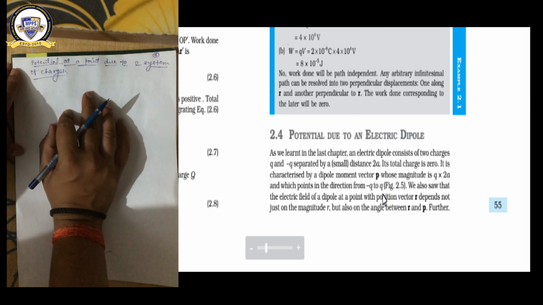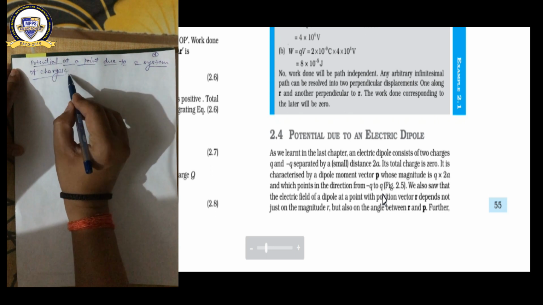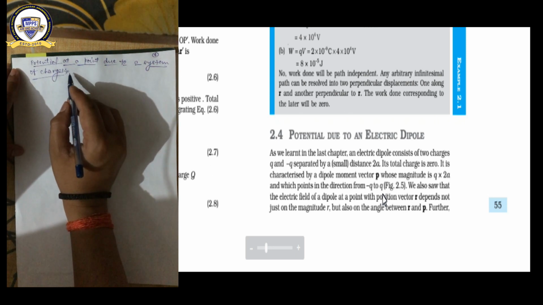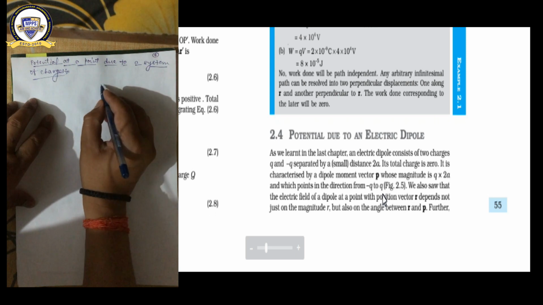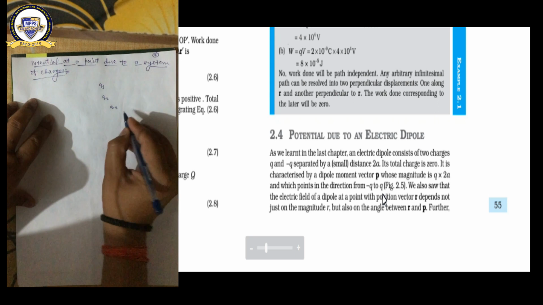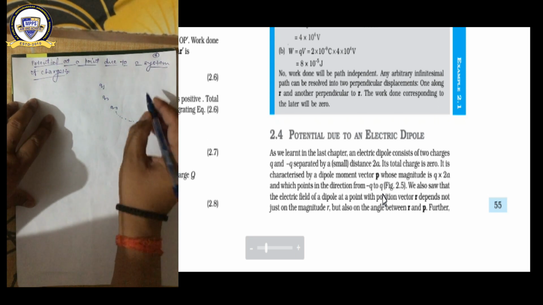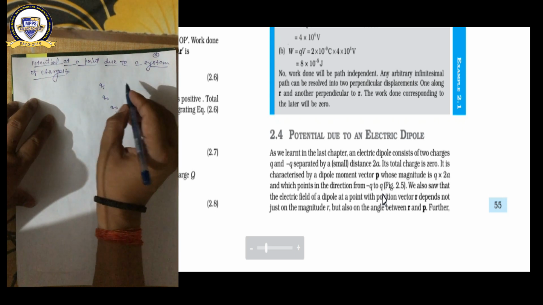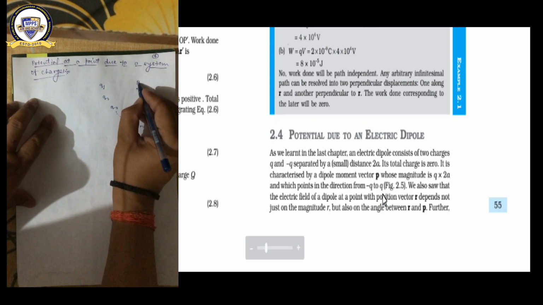So to find the potential at a point due to a system of charges, what you have to do? We have to apply the superposition principle. Got it? For that, let us consider there are n charges q1, q2, q3, dot dot dot, qn, and we have to calculate the potential at P due to these charges.